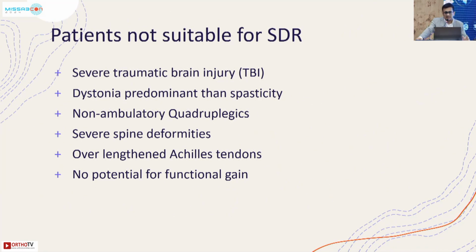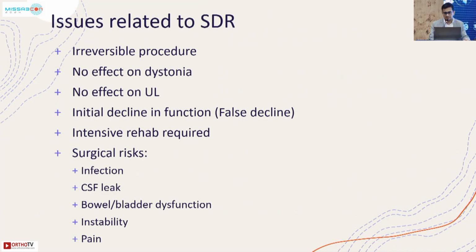Relative contraindications or unsuitability for selective dorsal rhizotomy include underlying severe traumatic brain injury, predominant dystonia, non-ambulatory quadriplegics, permanent severe spine and peripheral deformities, an already over-lengthened Achilles tendon with equinus deformity, and cases where we do not expect any additional functional gain even after surgery, in which case surgery should not be done.